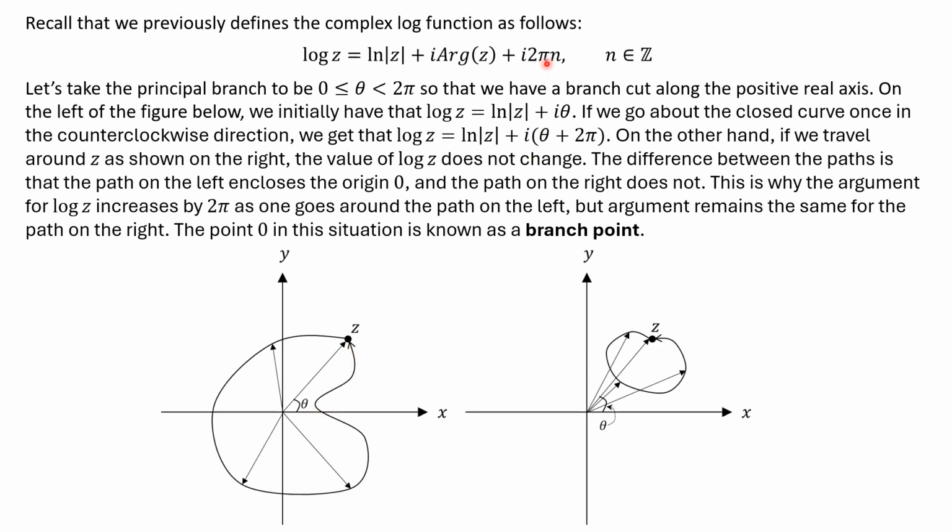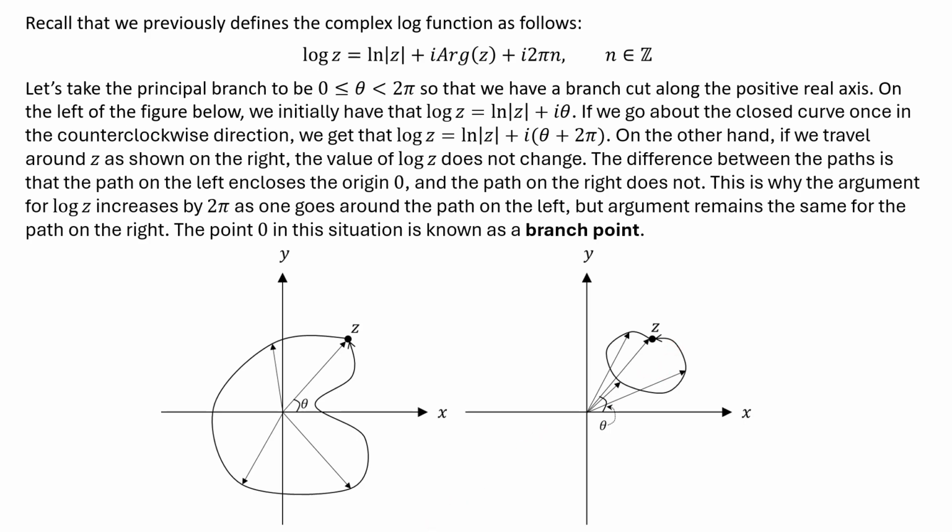So we get another value for the log when we circle around the origin. And that's known as a branch point. Whenever you circle a point and you come back to a different value, the point is known as a branch point.